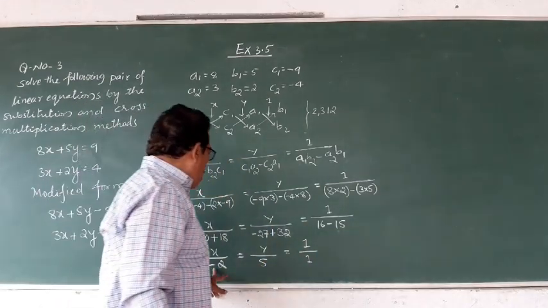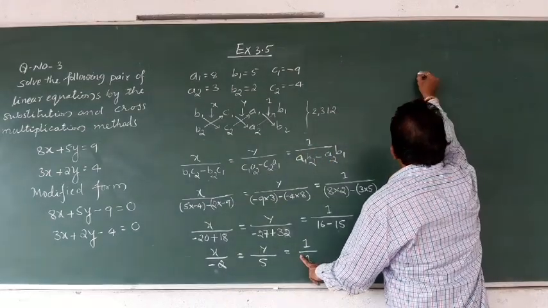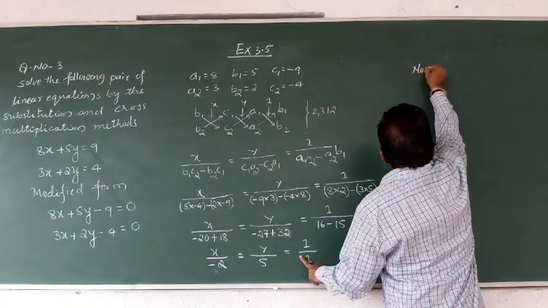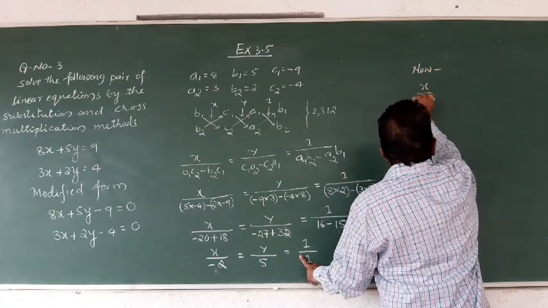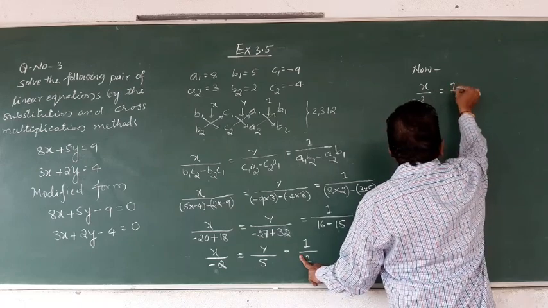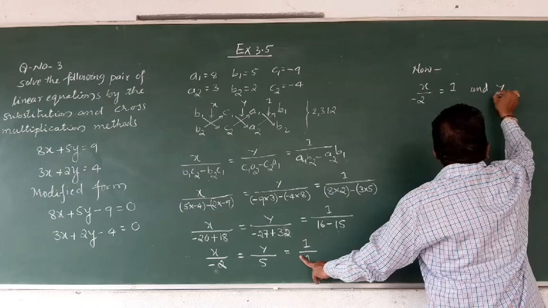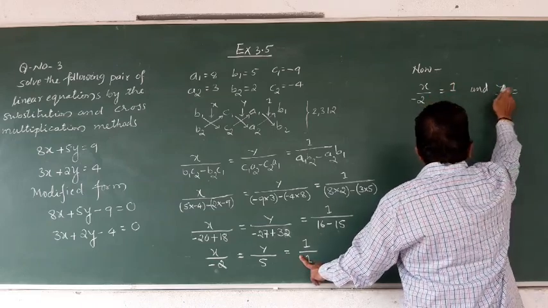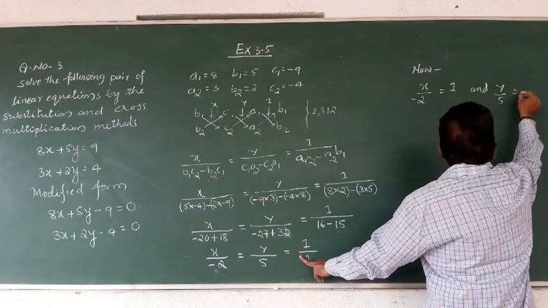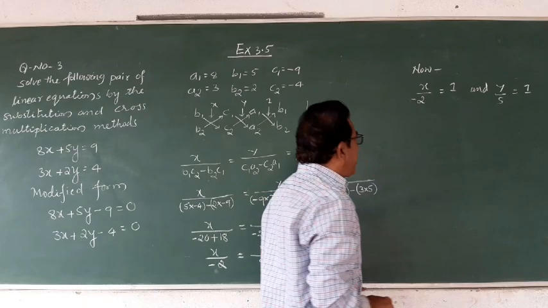So overall we have to compare these terms. X by minus 2 equals 1, and Y by 5 equals 1.